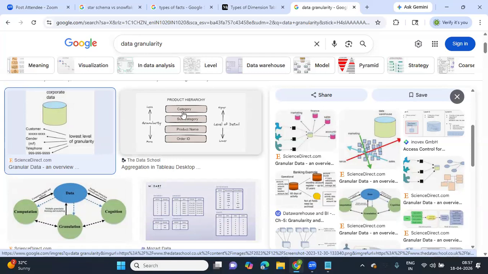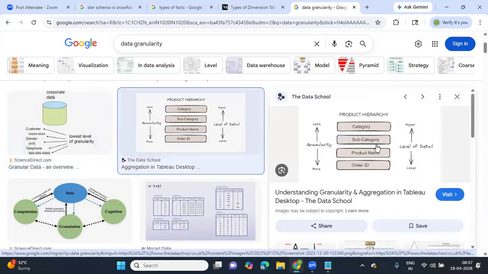But at a category level, let's say I have fashion. Inside fashion, I might have footwear or clothing or cosmetics. That comes under the subcategory. This image is giving a lot of information. So this is more granular. Order ID is the minimum level of information, so that is called more granularity.